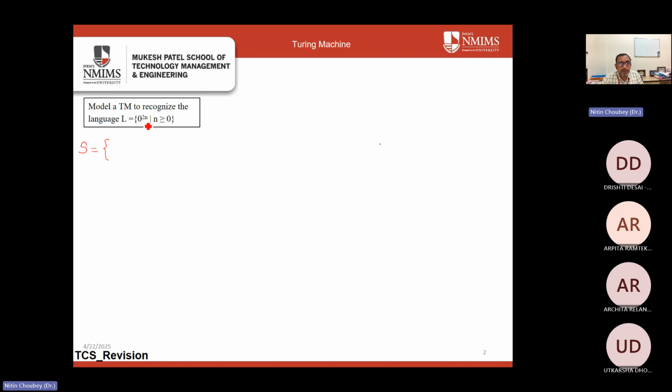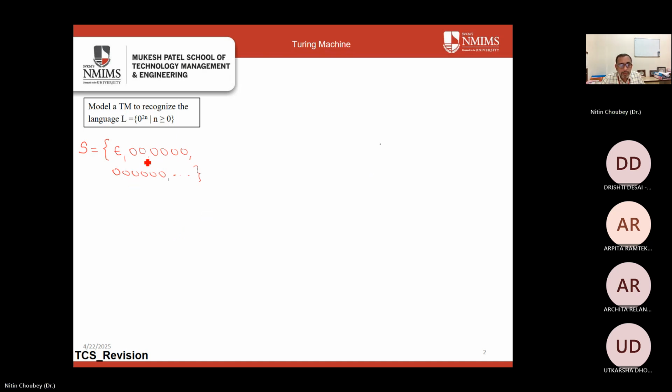When n equals 0, you have epsilon belonging to the language. If n equals 1, we have two zeros. If n equals 2, you have four zeros. N equals 3, we have six zeros, and so on. So this type of language should be accepted. Basically, we are talking about an even number of zeros being accepted by a Turing machine.